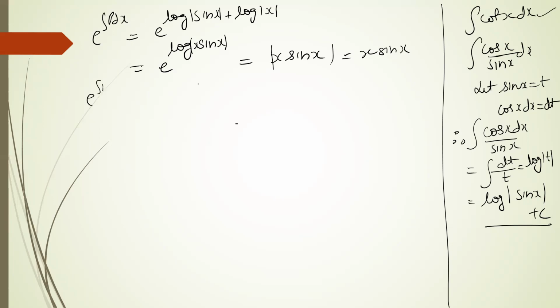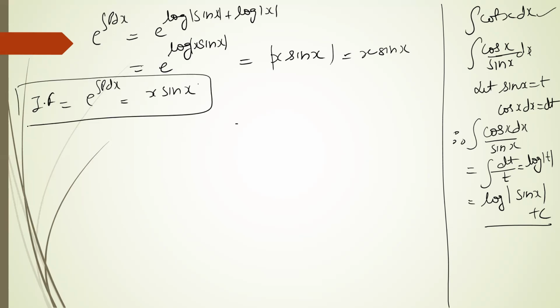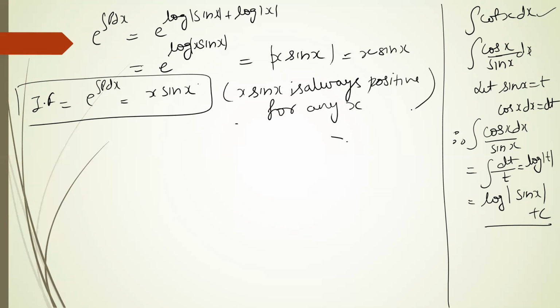So your e to the power integral p dx, which is your integrating factor, is x sin x. Right? Now x sin x is always positive for any x. Right?